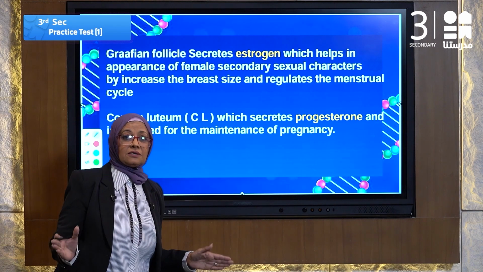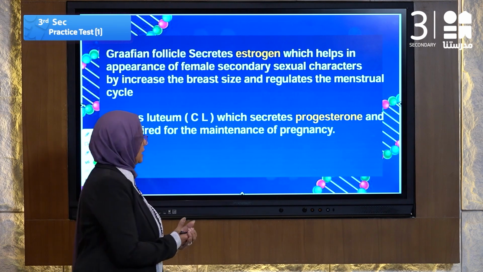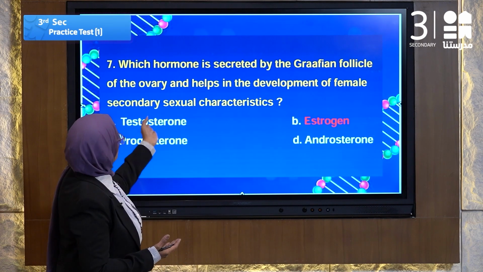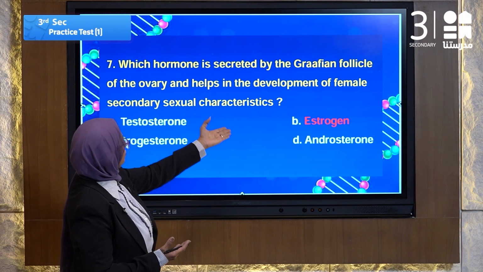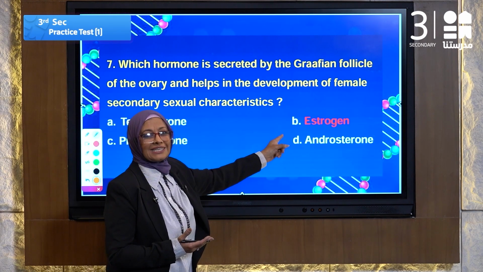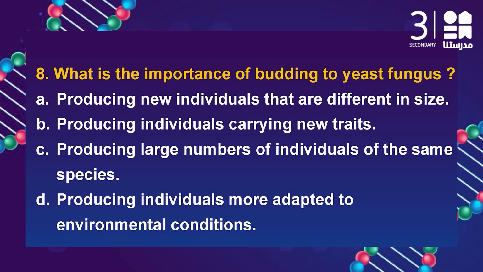No pregnancy here. We ask about the secondary sex hormone. Yes, that is estrogen. The hormone secreted by the Graafian follicle to produce sexual characters is estrogen. Let's go to the eighth question.